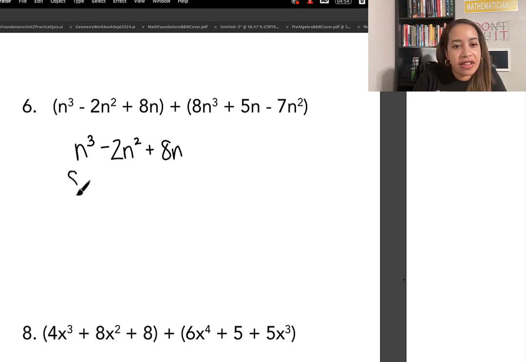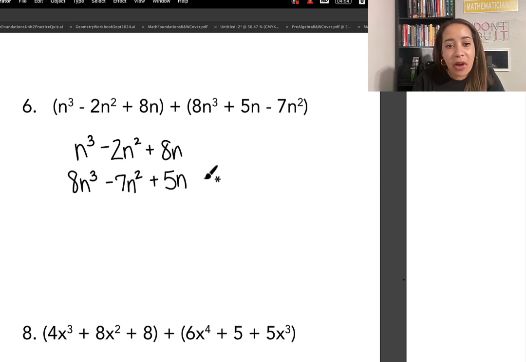We've got 8n to the third power matches with n to the third power. 5n matches with our 8n, so I'm going to stack those up. And our negative 7n squared matches with our negative 2n squared. Always remember to include the sign that's in front of the term.